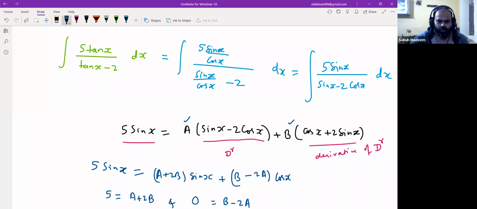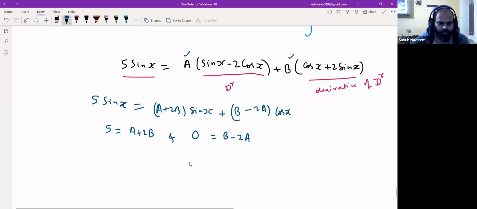So if you solve these two, b is equal to 2a, 5a is 5, a is equal to 1. And if a is equal to 1, b is equal to 2.